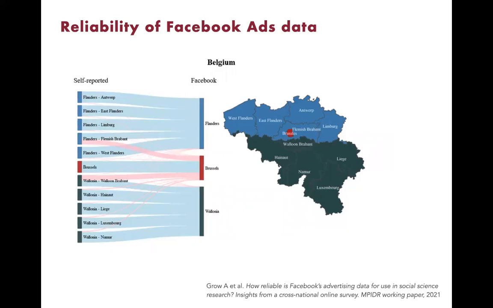And this is probably due to the fact that user locations on Facebook are estimated based on several pieces of information from the mobile device, IP address, and self-reported information, and so on. And so these users possibly are classified incorrectly due to, for example, commuting to the city.